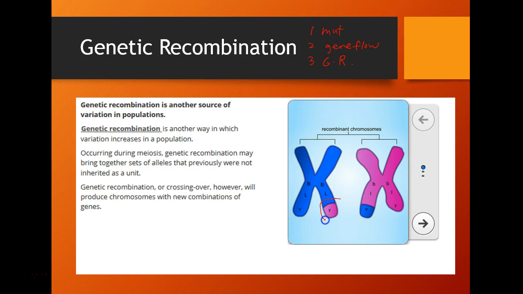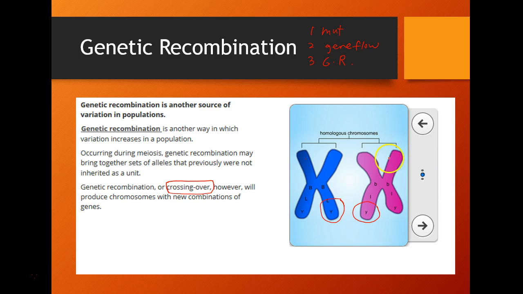Like for this one, we have a little bit from the purple chromosome on the blue one and vice versa over here. And we call this genetic recombination crossing over. And the reason why we call it crossing over is because originally you have 2 homologous chromosomes. And these 2 homologous chromosomes, remember, they all have their own DNA here.